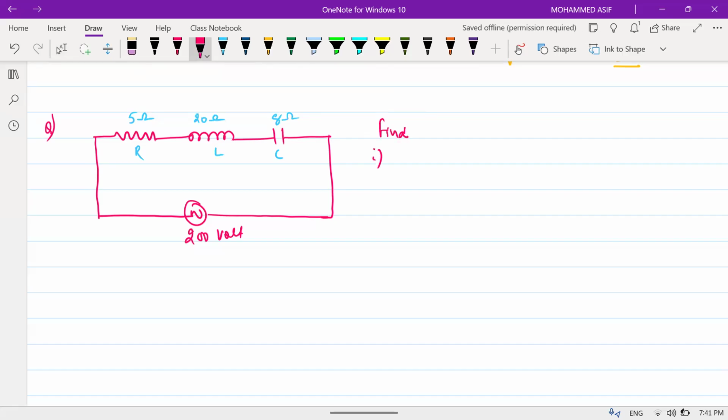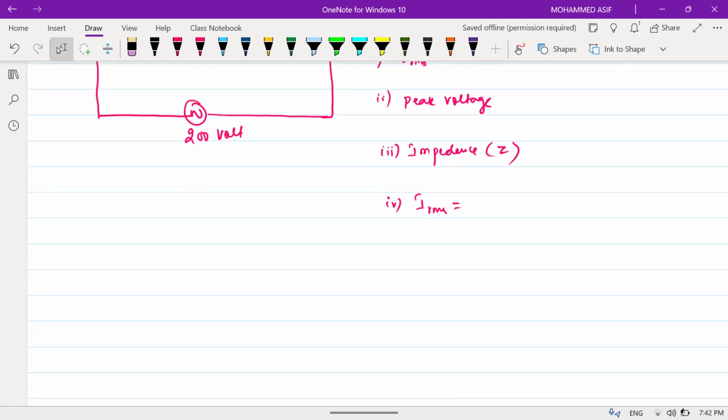My question is, find number 1, VRMS. Number 2, peak voltage. Number 3, impedance. Impedance means Z. And number 4, IRMS. Root mean square current will be equal to how much?